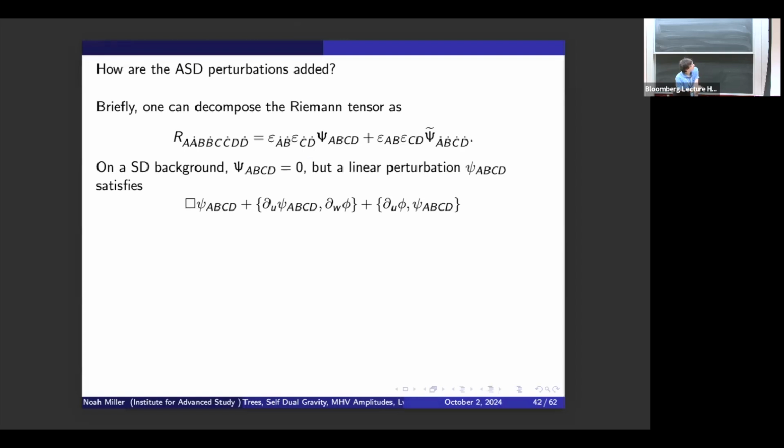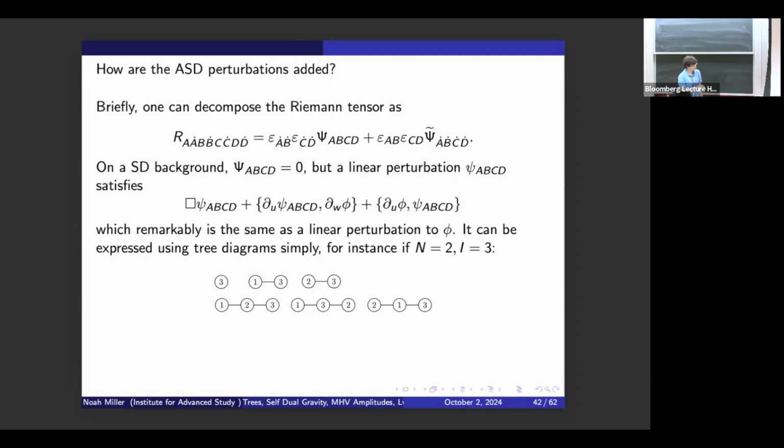It turns out that on a self-dual background this anti-self-dual part is 0, but for a linear perturbation, which we call psi, you rearrange the Bianchi identity, and you can show that the equation of motion for this anti-self-dual perturbation is just the linearization of the normal Plebanski second heavenly equation.